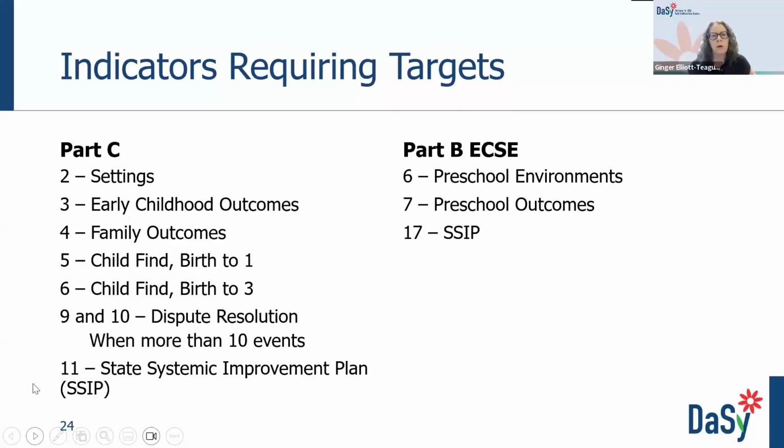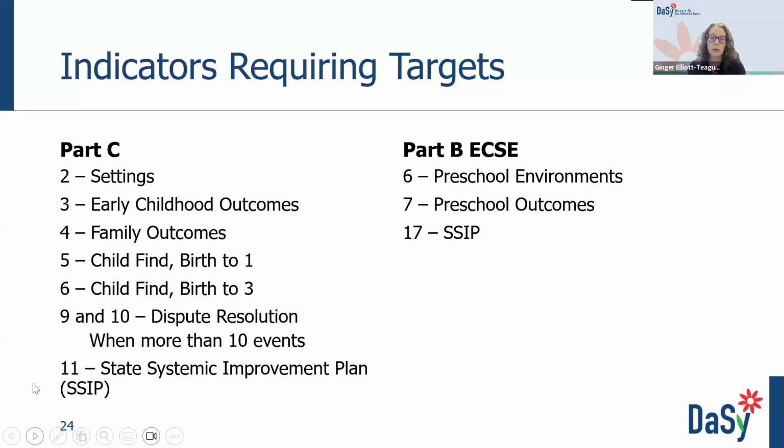So here are the targets and indicators relevant to DaSy's work. On the Part C early intervention side, indicators 2, 3, 4, 5, 6, 9, 10, and 11. So there are a lot related to Part C, from settings to early childhood outcomes and family outcomes and dispute resolution through to the SIP, the State Systemic Improvement Plan.